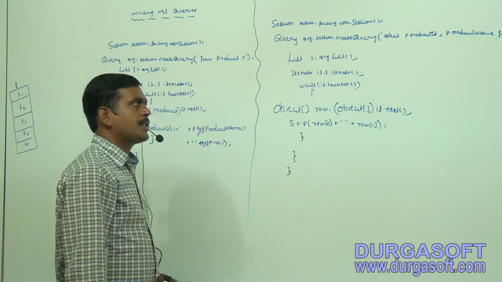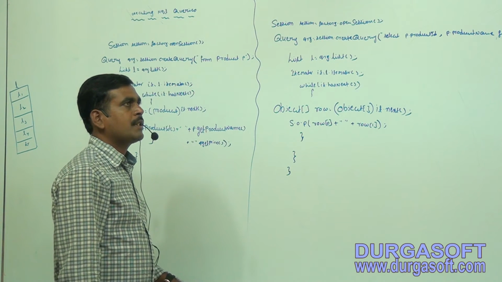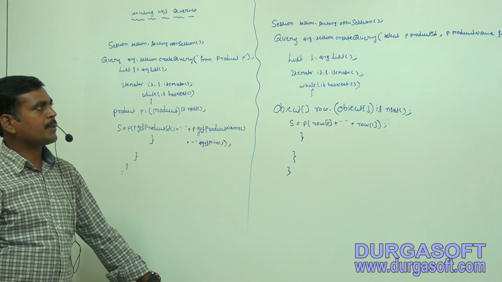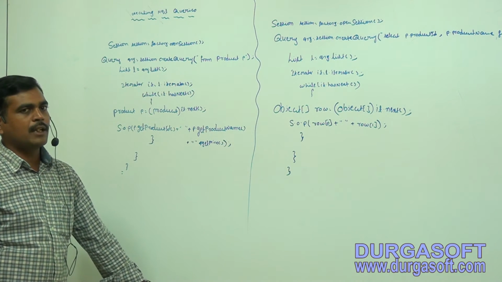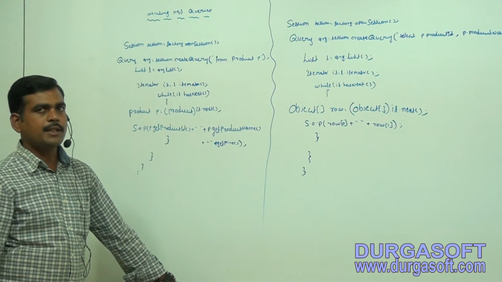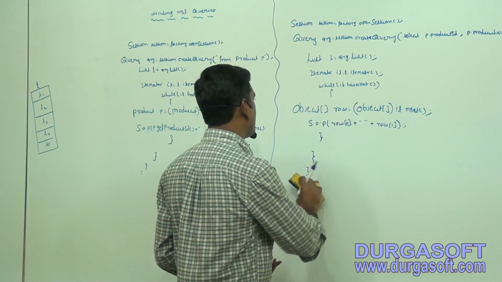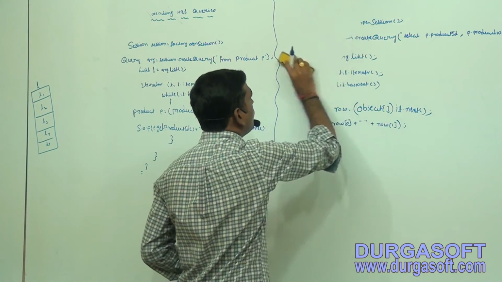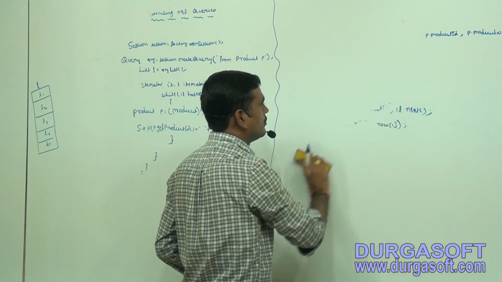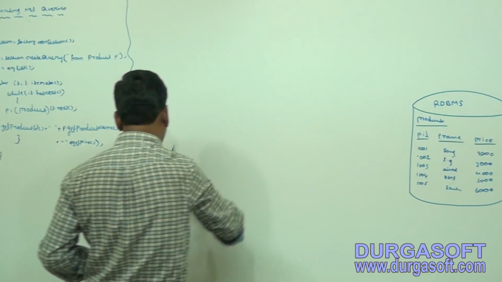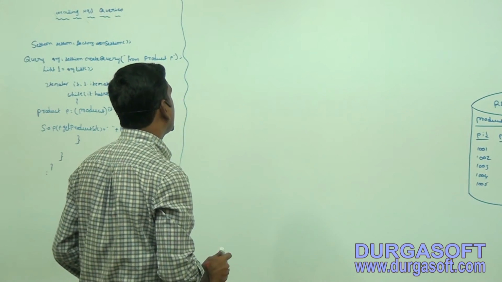The next approach: I want to select dynamically, or at runtime. So how to select dynamically? Just observe here.